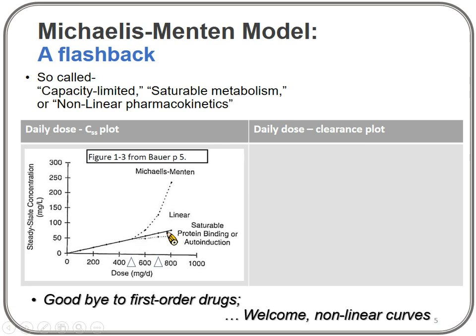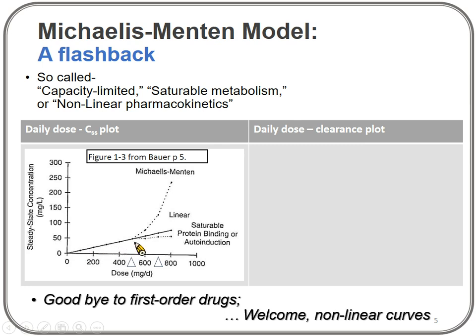But as for Michaelis-Menten medications, or so-called capacity-limited saturable metabolism, most known as nonlinear pharmacokinetics, the dose-concentration relationship goes disproportionately. That is, when the daily dose is under a certain range, the dose-concentration relationship is linear, as presented in the chart here.